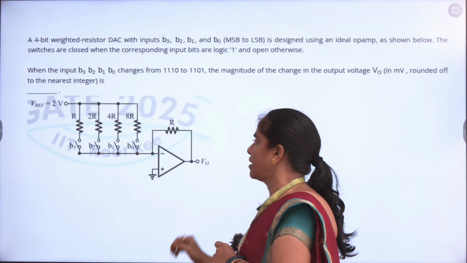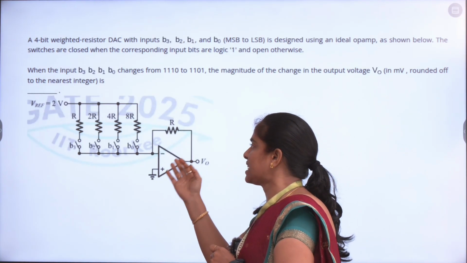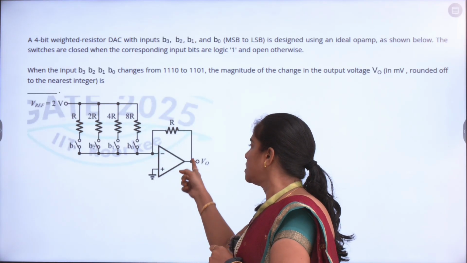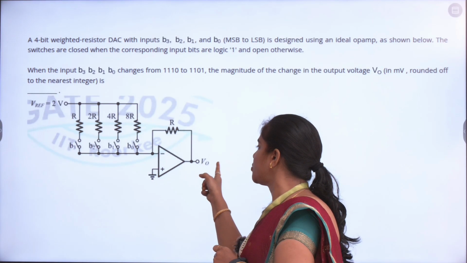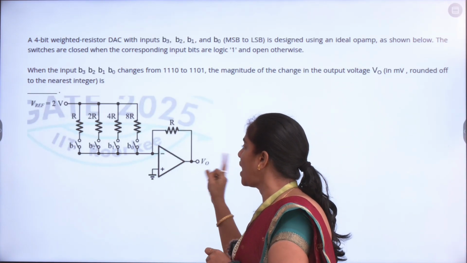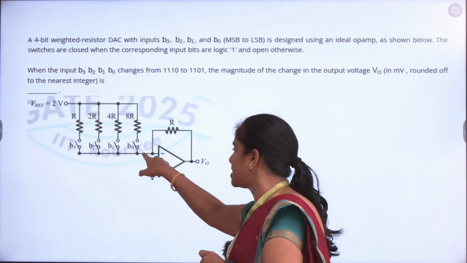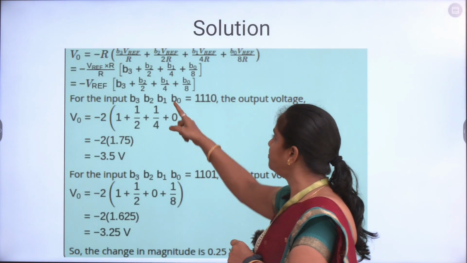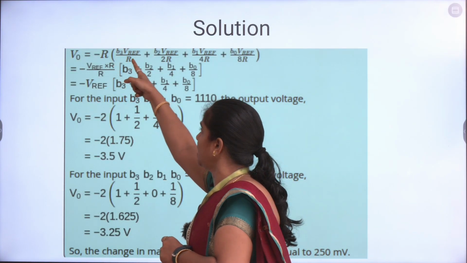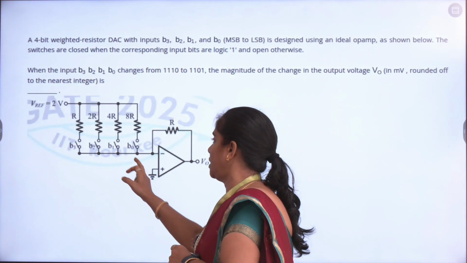So coming to this diagram, this is a weighted resistor DAC. Here, this is an operational amplifier, and the output voltage V0 is equal to the total current coming here, I, into minus R. So V0 is equal to minus R into the current in all the parallel paths.